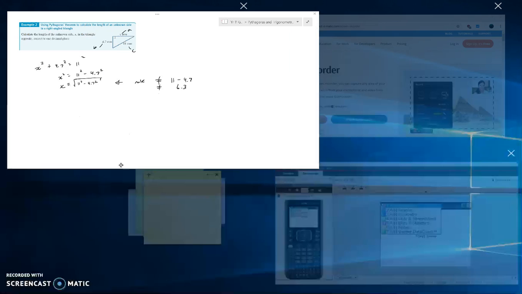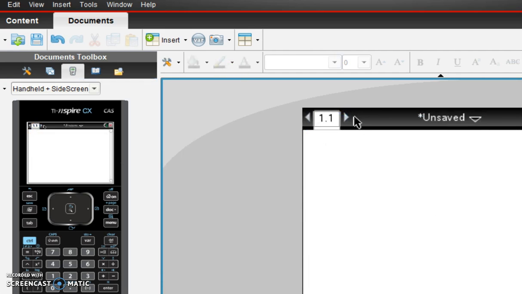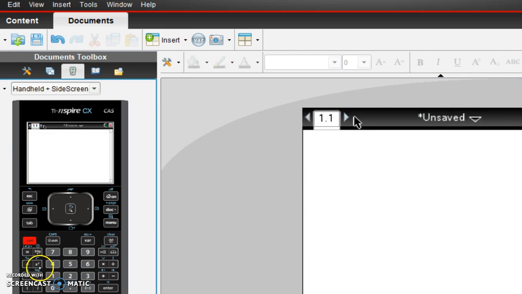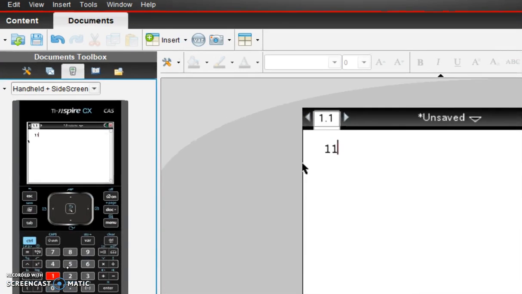Okay, so let's use the CAS. Here's your little square root symbol. Control x squared gives you a little symbol. Then you go, in there was 11 squared minus 4.7 squared.